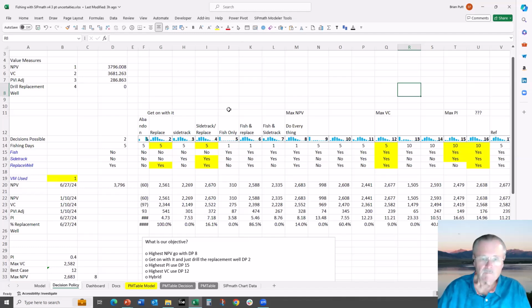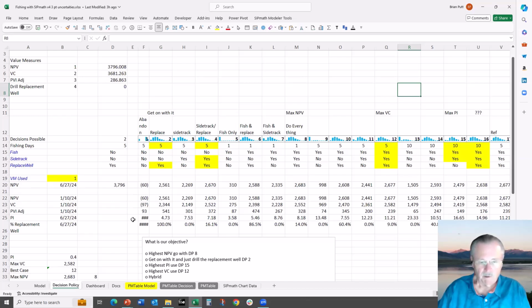And so when you do that, you can then take these results, and here I've captured things like NPV, the value creation. Value creation is the NPV above the criteria. In this case, we're using a 0.4 criteria. We've got the discounted capital value, discounted value of investment.